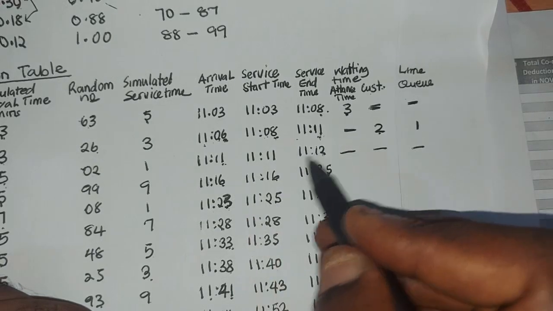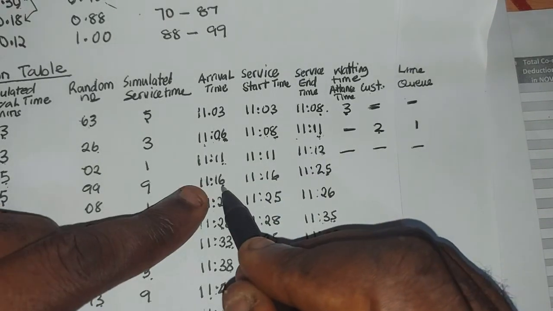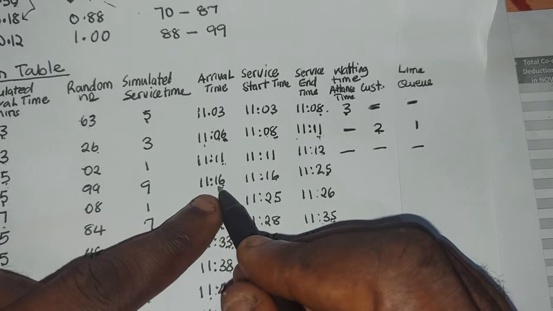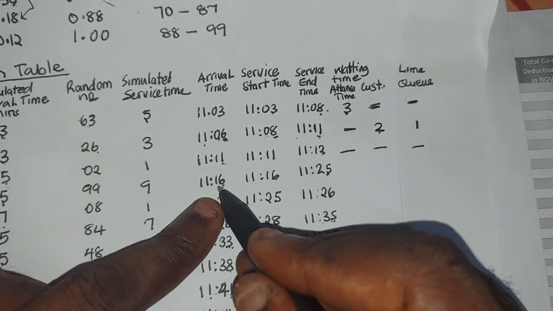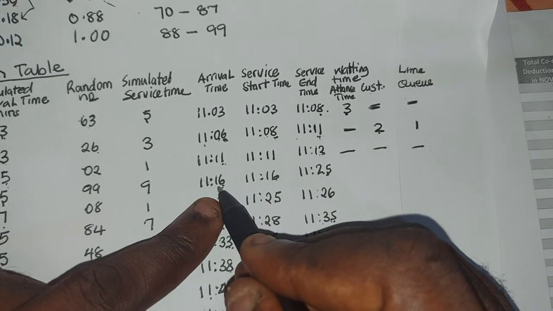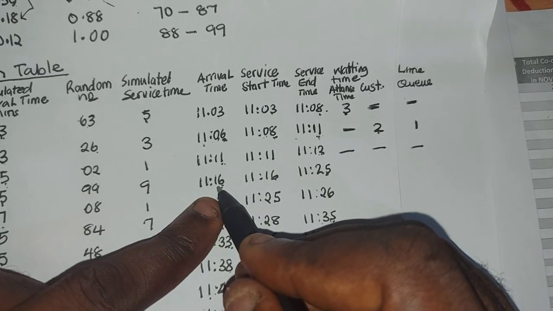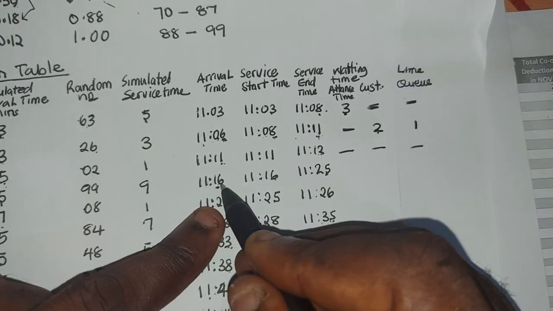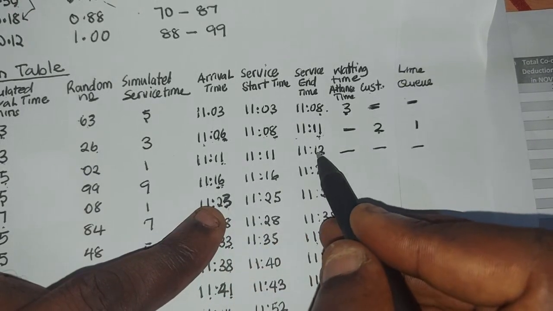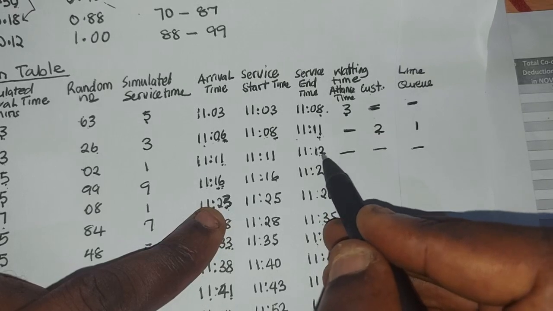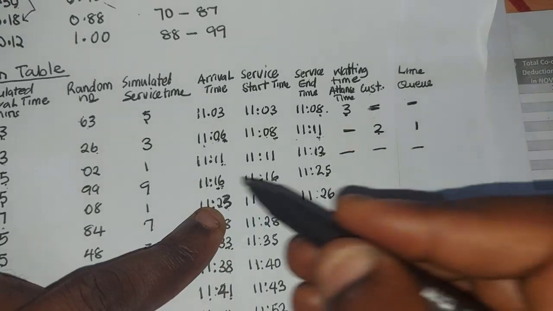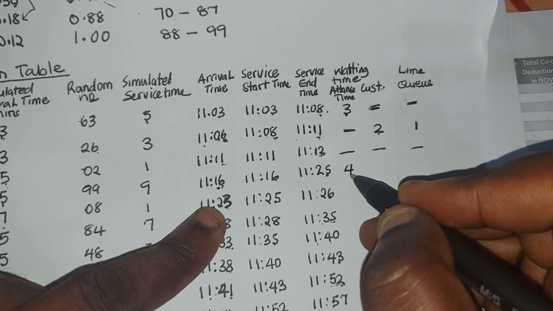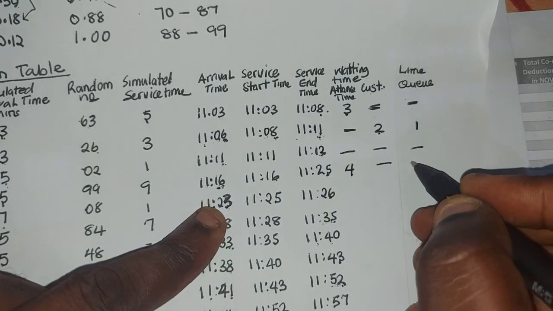Then as at that time, no customer. When the next customer came, how many minutes after? That's about 4 minutes. He arrived at 11:16, and before then, the service had already ended for the previous customer. He has gone. So the attendants waited for 4 minutes. No customer is waiting. Nobody is in queue.